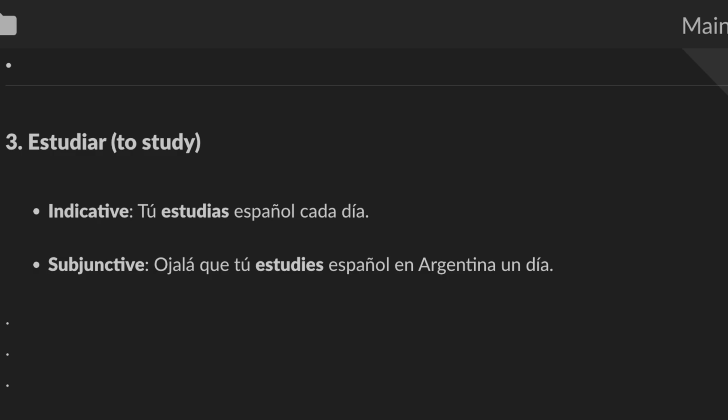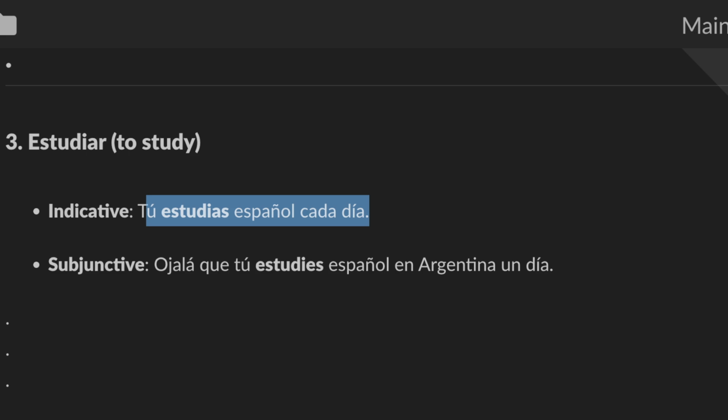Estudiar. The indicative, tú estudias español cada día. Subjunctive, ojalá que tú estudies español en Argentina un día. The indicative is simply stating a fact, you study Spanish every day.